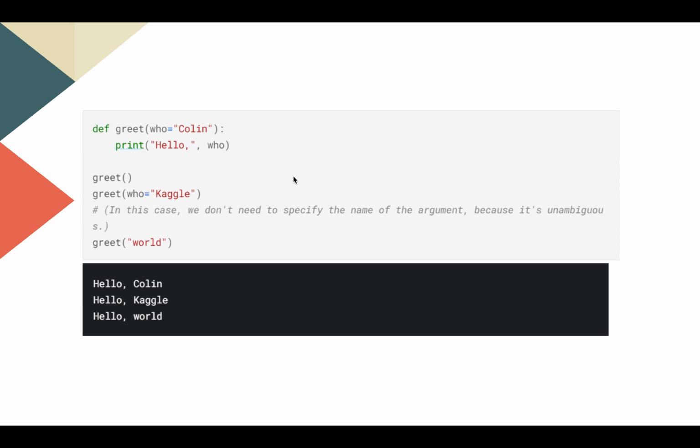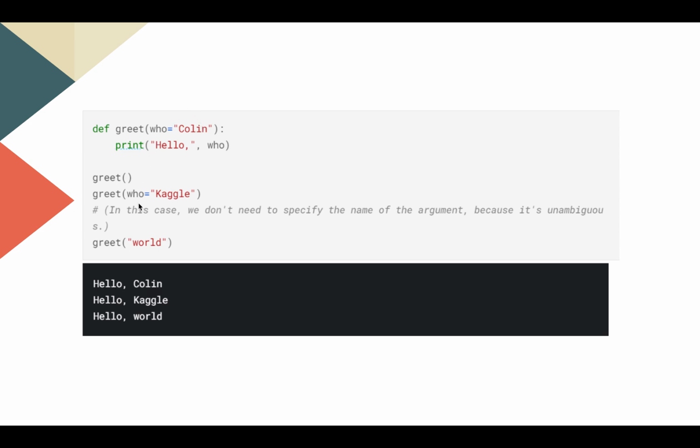We have another function which we named greet. Greet takes in one variable which we named who. What this function does is when it receives a variable who, it prints out hello and the variable. So if we just call greet, it gives us the default, which takes colon as input.